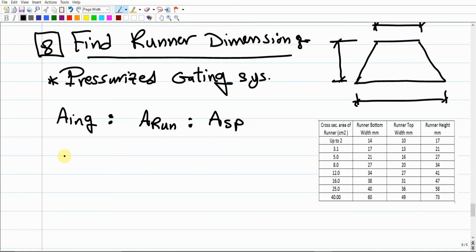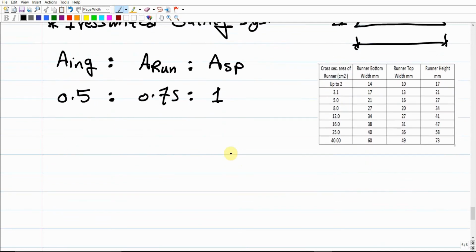This ratio should be 0.5 to 0.75 to 1. But in case we do have non-pressurized, we're going to have 2 to 1, right? The area of the ingot we calculated as 18.44, and we have no clue how much is the area of the runner or the down sprue.